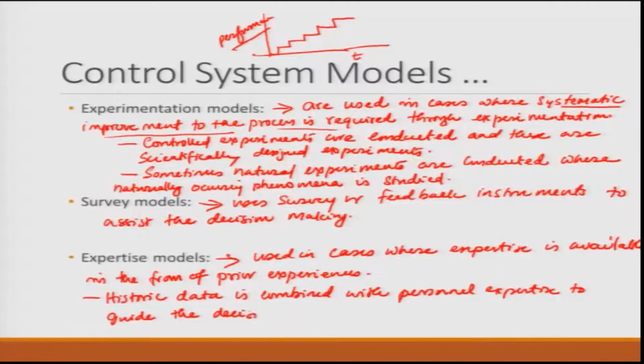So, you will probably find the chief designer at Airbus being asked, we want to build this particular thing, here is our historic data, now you advise us what to do. So, this type of model, where past expertise is used to do something in the future, is also part of a control system model, because you are trying to build capability again here, to operate or make the system better.